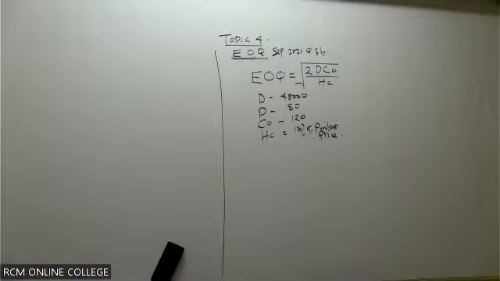So the majority are getting 1,200 units. Anyone who is not getting 1,200?